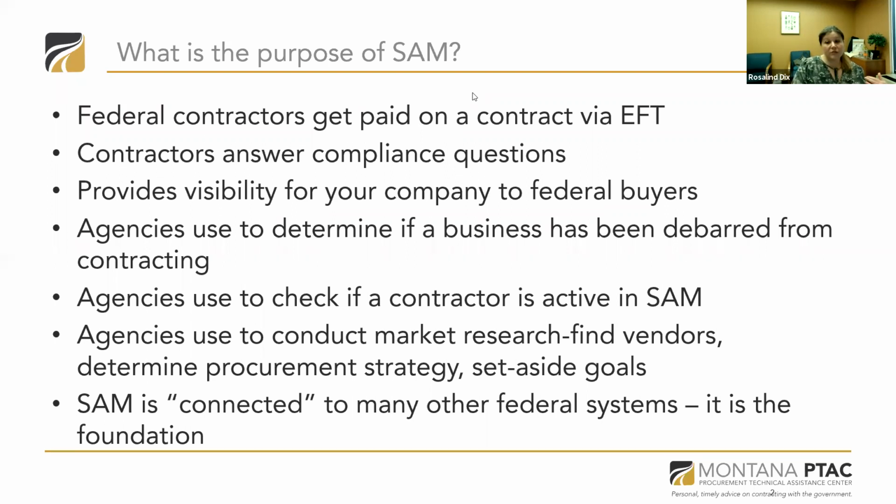The government will look in SAM and say, I see all these woman-owned small businesses, so I can expect to receive at least two or more offers from woman-owned small businesses. So yes, we can set this opportunity aside for woman-owned small business. That's an example of what they're looking for when they're doing their market research in SAM.